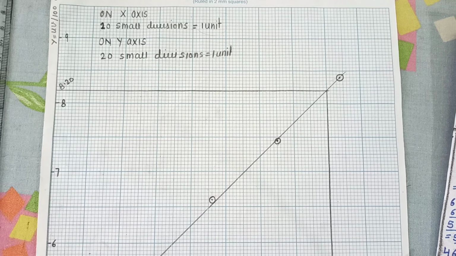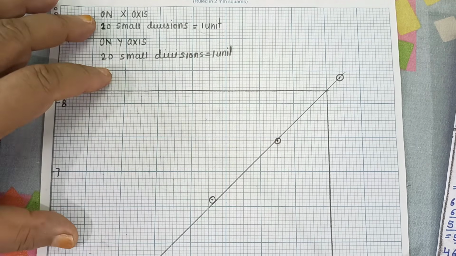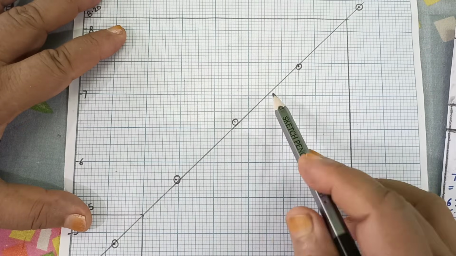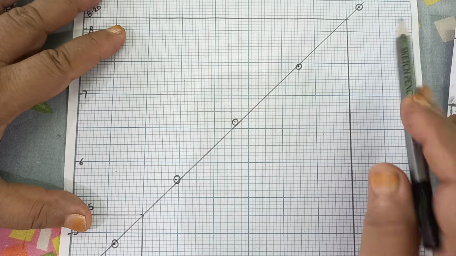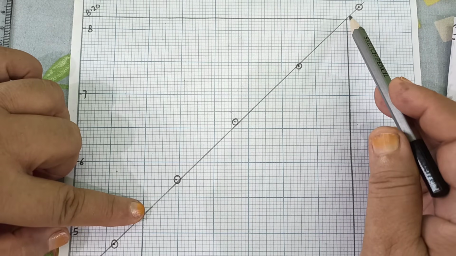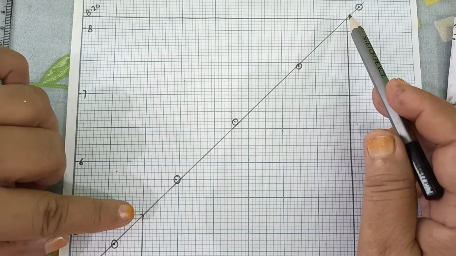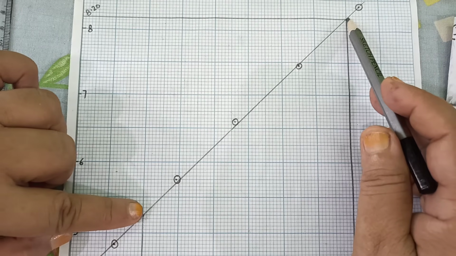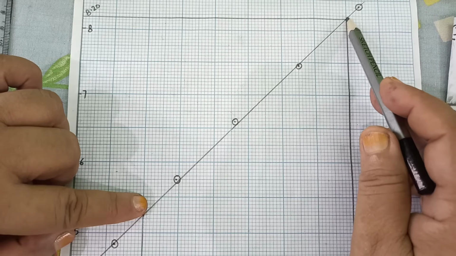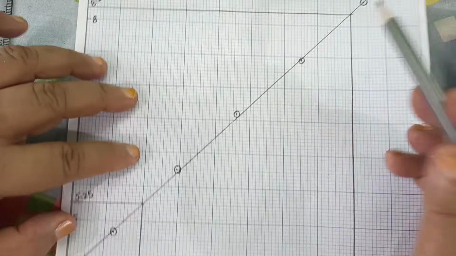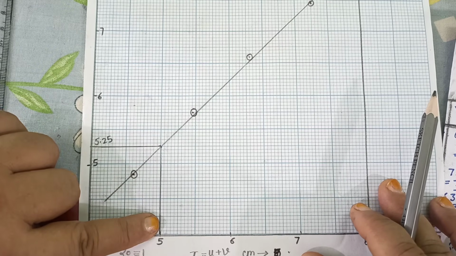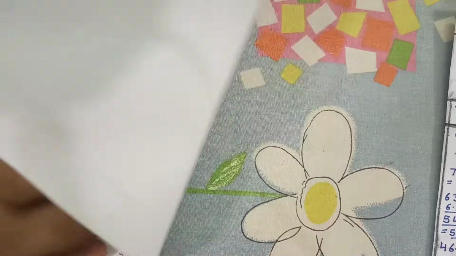And after that they said to calculate the slope. So the rule is that you will not use any of the observation points for the slope calculation, and the 2 points which you take to calculate the slope should be random and should be far apart. So I have taken this point and this point, which can be read easily from the graph, and I have dropped perpendiculars on this and this axis.